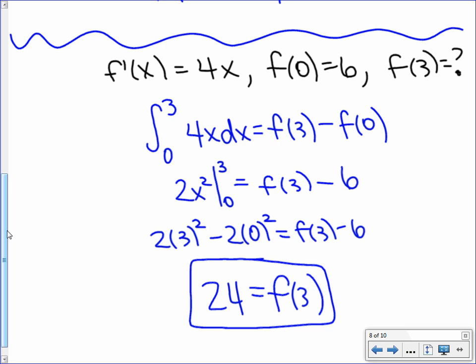The only problem with that is if we don't know how to integrate it. If we knew f of 3 and didn't know f of 0, could we still do this? Yeah, because then you just have something minus a mystery number. Basically, you can use the first fundamental theorem of calculus if you are looking for a value and know another. If they're asking you just for f of x, then you have to find the plus c. If you can go straight to finding a value, this will work.